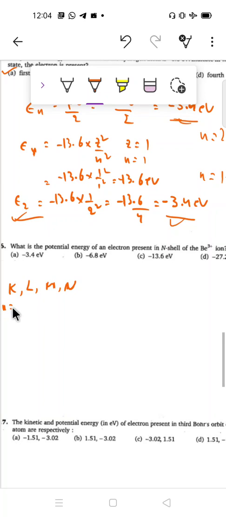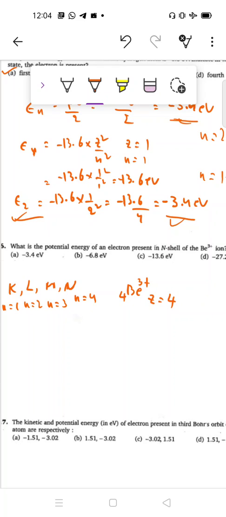K indicates n is equal to 1, L indicates n is equal to 2, M indicates n is equal to 3, N indicates the n equal to 4th shell. Next, beryllium 3 plus. The atomic number of beryllium is 4, so Z is equal to 4.